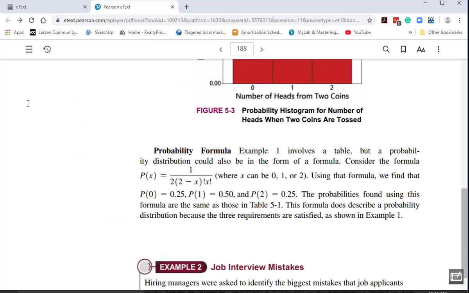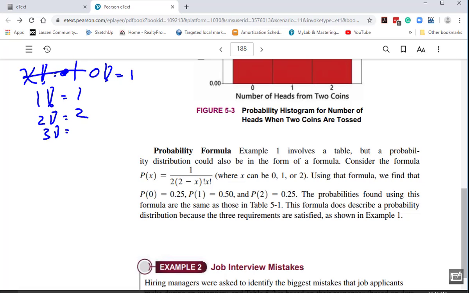So what I'm saying is that x factorial is equal to 1. 1 factorial is 1, okay? And 0 factorial is 1. And what's 2 factorial? Yep. And 3 factorial? 1 times 2 times 3.